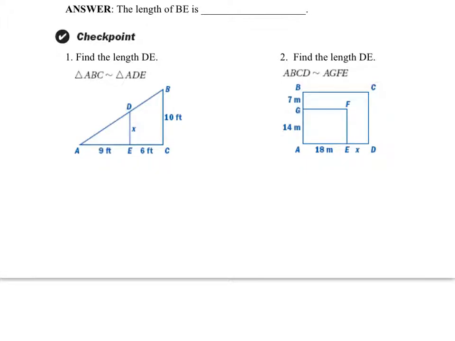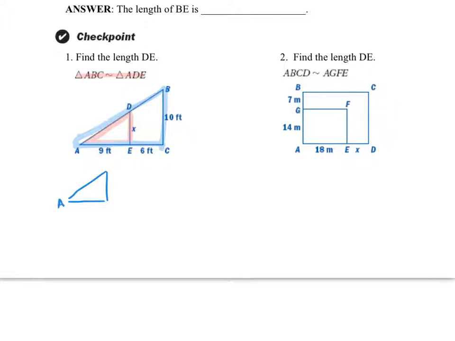Let's try one more where we have a triangle inside another triangle. So it wants us to find side length DE, and in this problem we know that triangle ABC corresponds to ADE. So maybe you can see the small triangle inside the bigger triangle. But if that's harder for you to see, it takes just a minute to redraw it, and that could be a very helpful step.